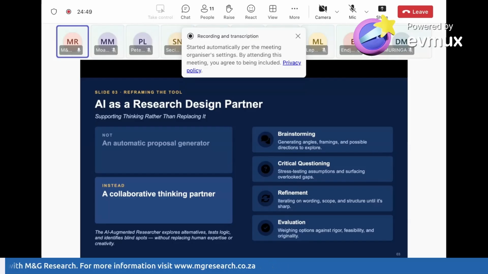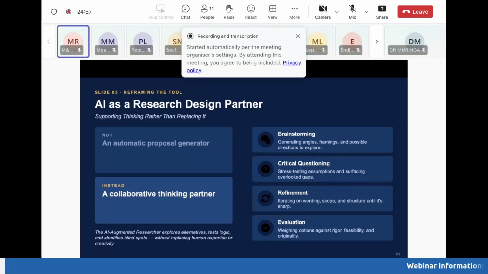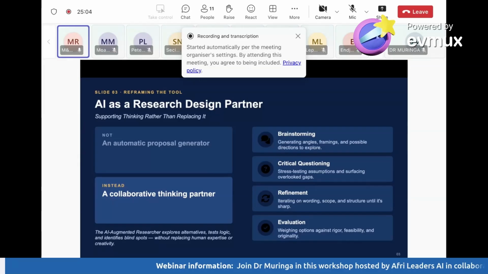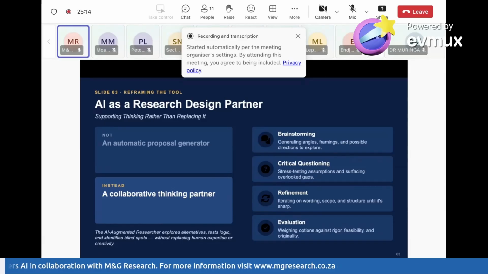It supports thinking rather than replacing the researcher itself, right? There's a tendency nowadays of automatic proposal generators. There are AI platforms that can generate the proposal for you at the click of a button, right? But we're saying no to that. We need to bring in AI as a research design partner and as a collaborative thinking partner.